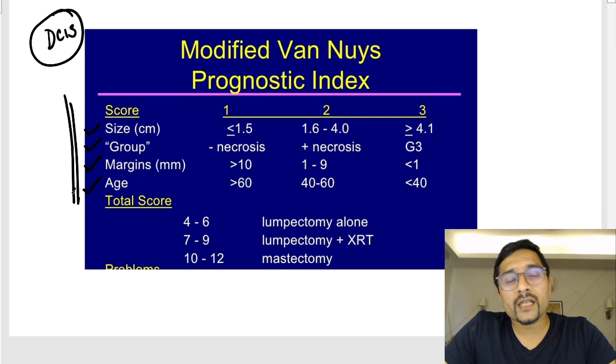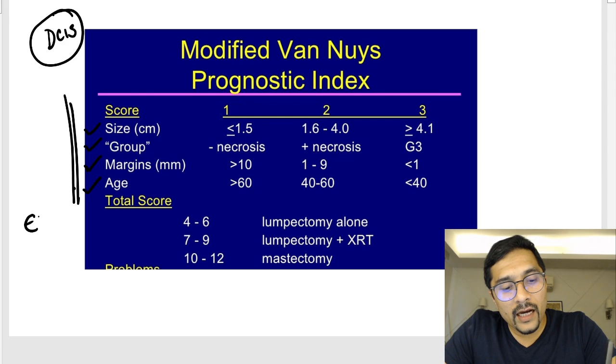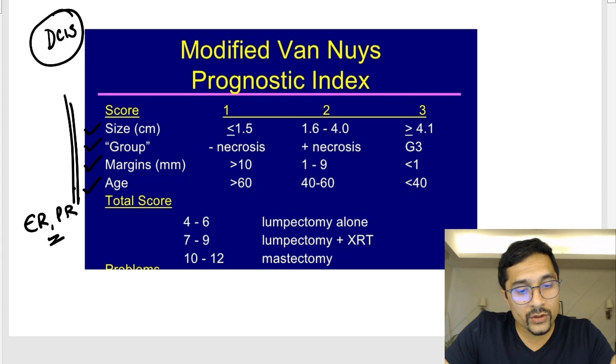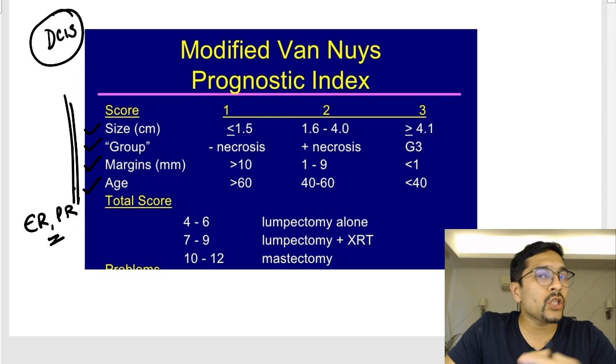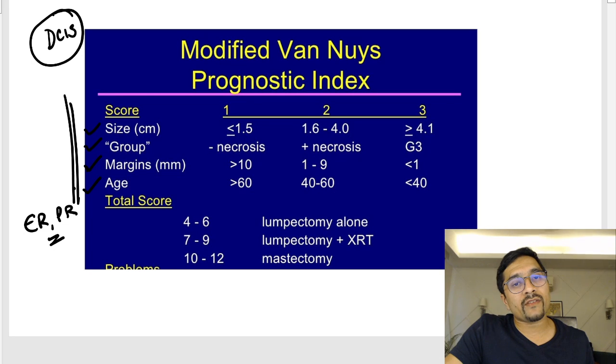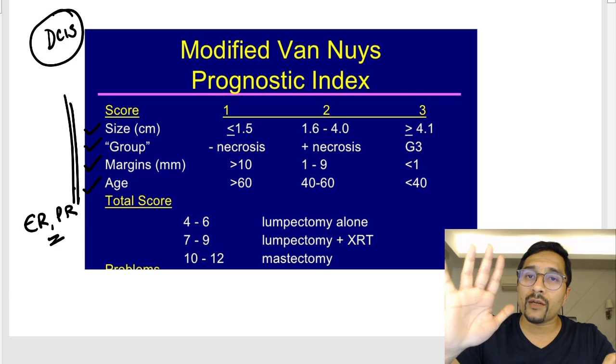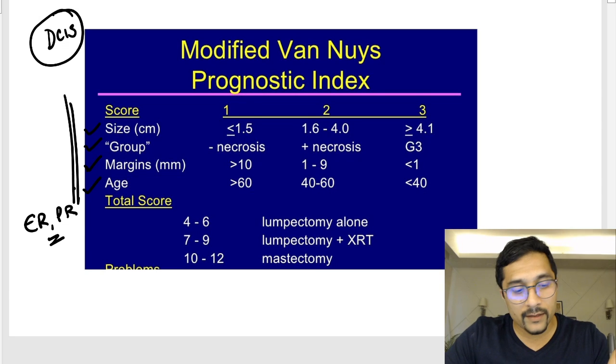So these 4 criteria are included in the Van Nuys score. ERPR is not included in the Van Nuys score. HER2/neu is not tested in DCIS. HER2/neu is tested in invasive cancers, not in DCIS. That is another update which I want you to know, which has been written in Bailey.